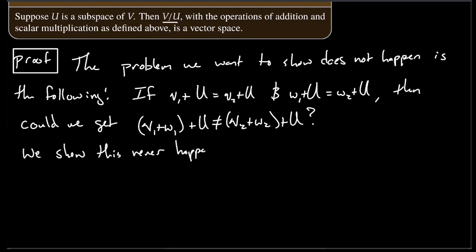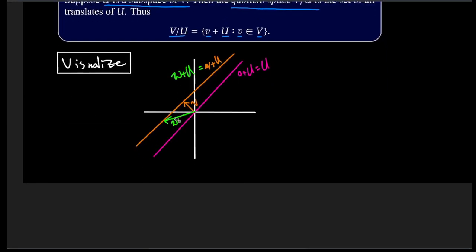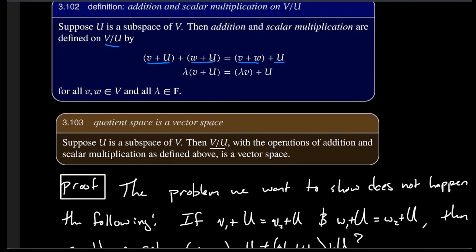So this never happens. Okay, here, let me explain this a little bit more first. So the idea, as we saw a couple pages ago when I was trying to sketch this, is that different vectors v and w can give the same translate of u. So what we don't want is our addition here to depend on which one of those non-unique vectors we chose when we wrote the translate of u.